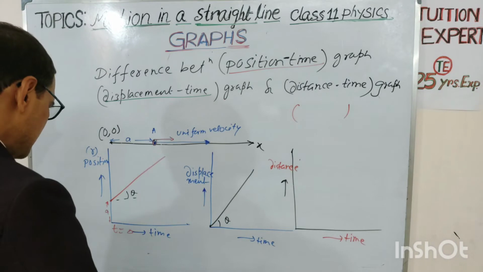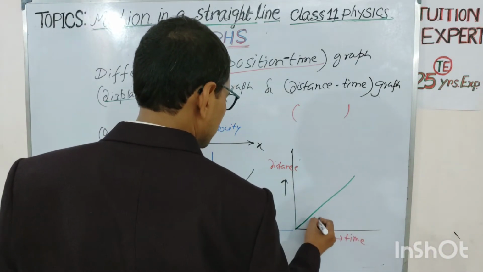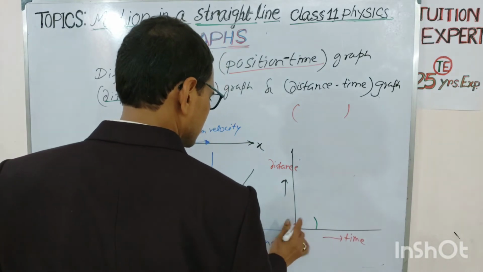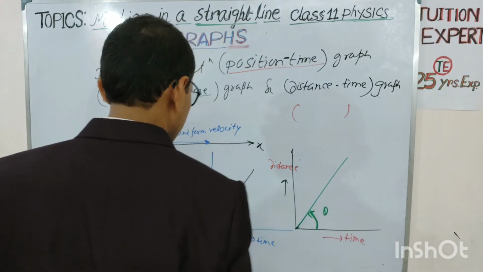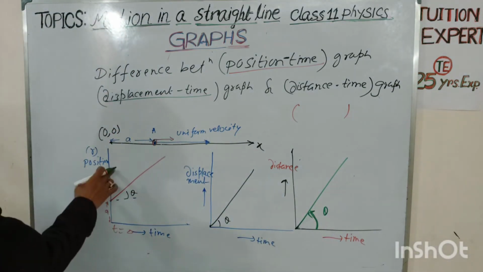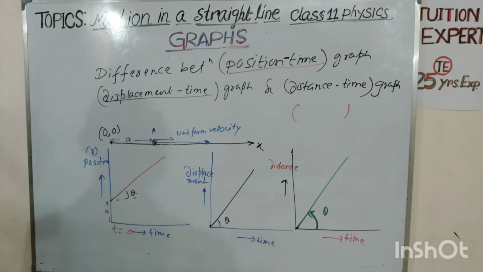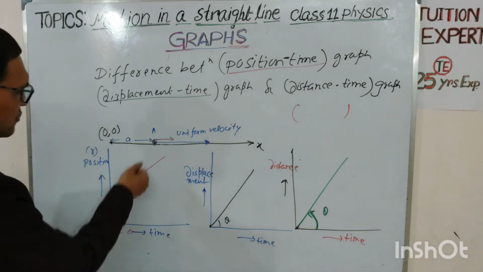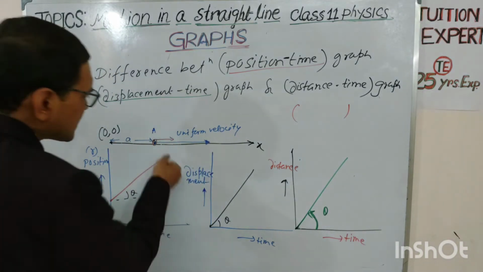Here the distance time graph will also be the same. So here the displacement and distance time graphs will be the same, and the position time graph starts from here, because at t equal to 0 its position is here, but displacement we measure from the starting position, and distance also.